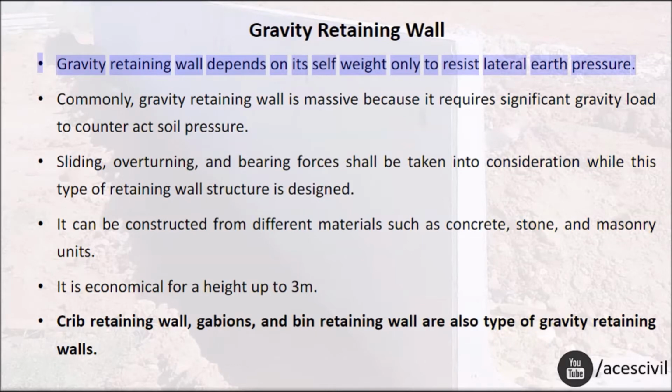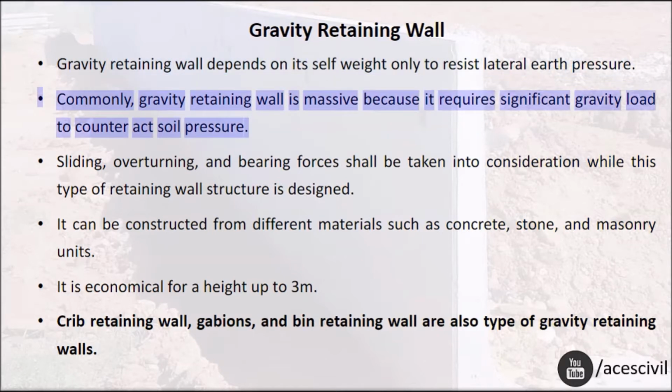Gravity retaining wall depends on its self-weight only to resist lateral earth pressure. Commonly, a gravity retaining wall is massive because it requires significant gravity load to counteract soil pressure.